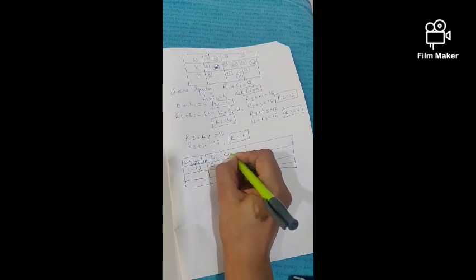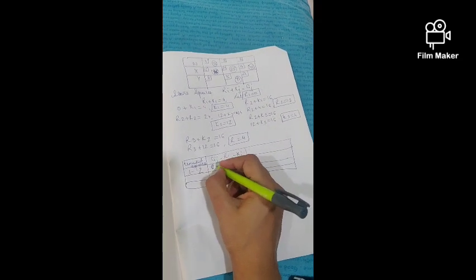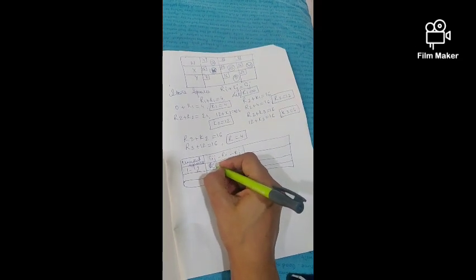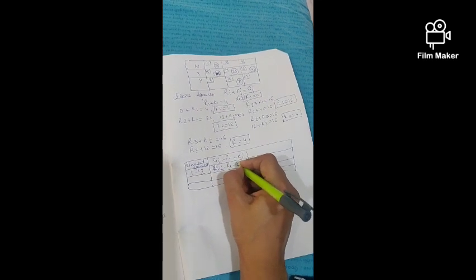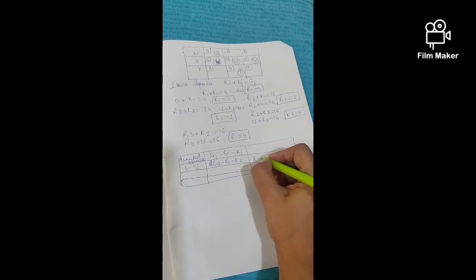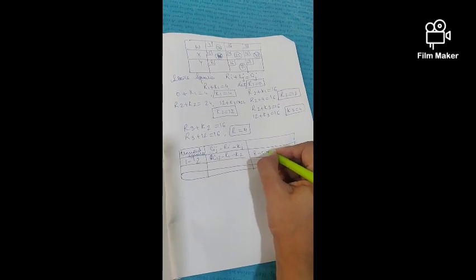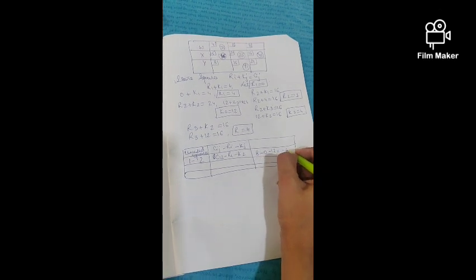Cij minus Ri minus Kj. This will be C12 minus R1 minus K2, right? So C12 is 8 minus R1 is 0 minus K2 is 12, equals minus 4.